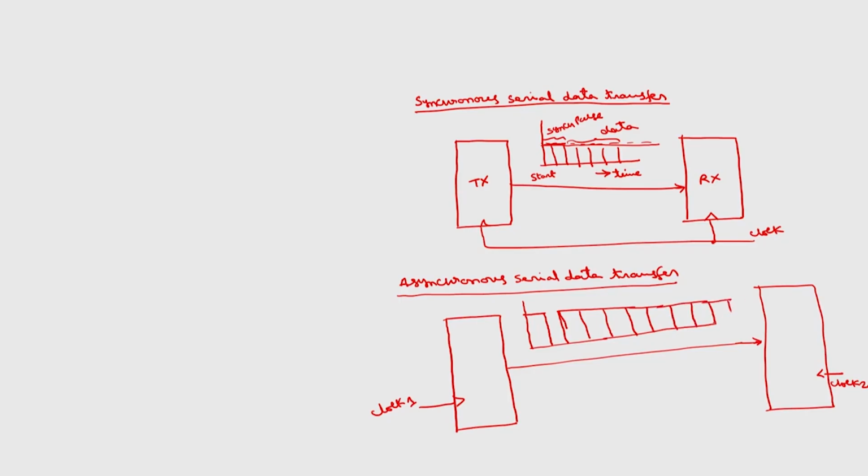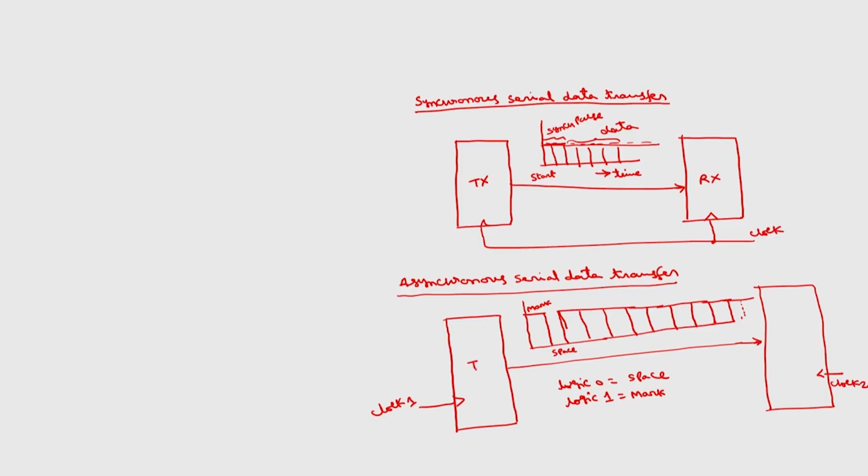Then this will be high for 2 clock periods. This is called mark, this is called space. Normally logic 0 is represented by space, logic 1 by mark. So, this first mark represents that.